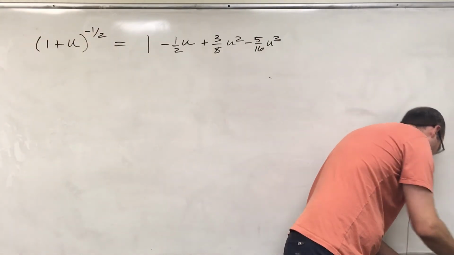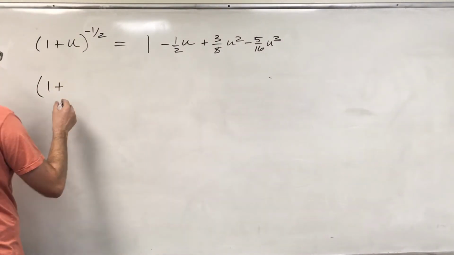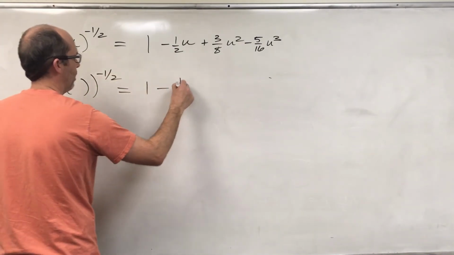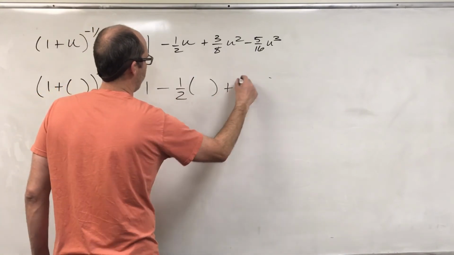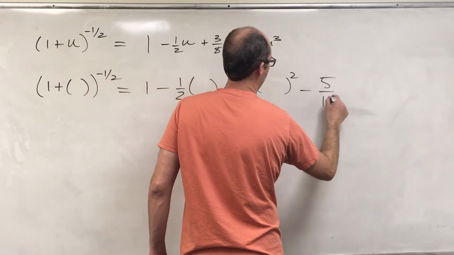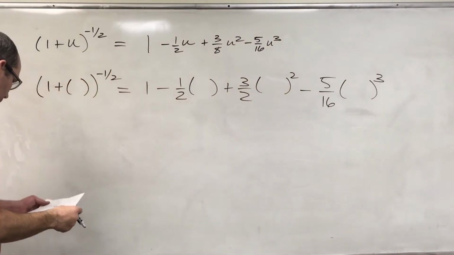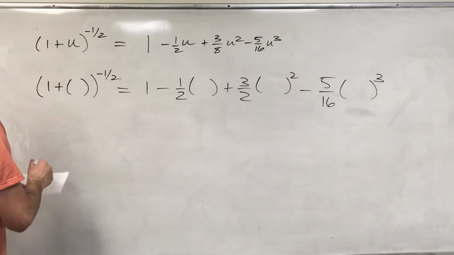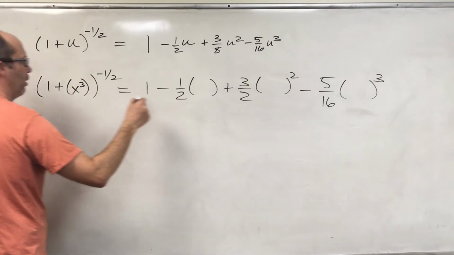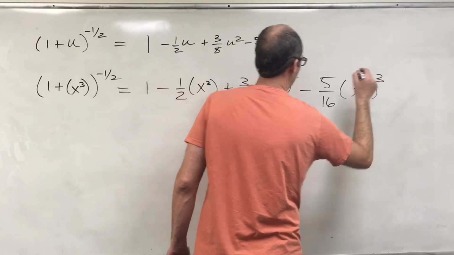Okay, now we're trying to get to, all right, so that tells us that 1 plus whatever we put in there to the negative 1/2 is equal to 1 minus 1/2 whatever plus 3/2 whatever squared minus 5/16 whatever cubed. Now remember, what we're concerned with is an x cubed there. So let's do an x cubed, x cubed, x cubed.